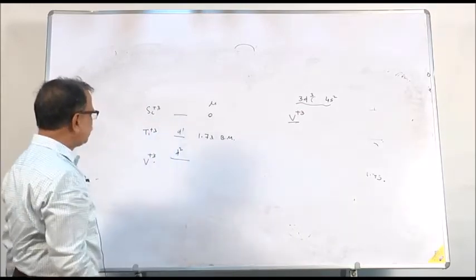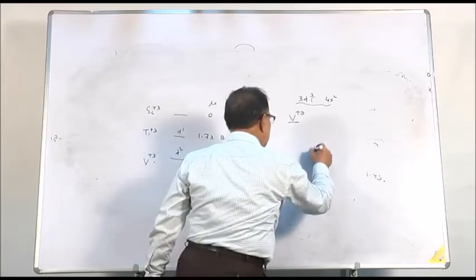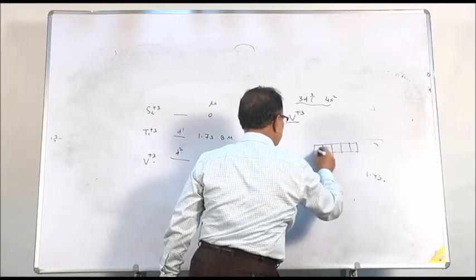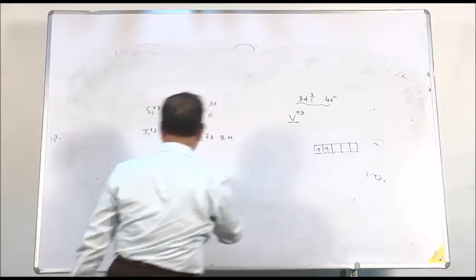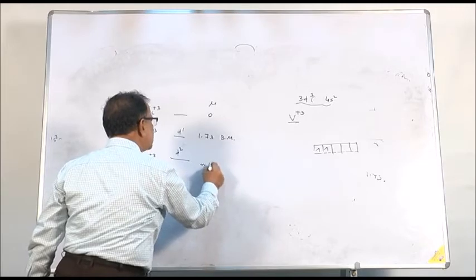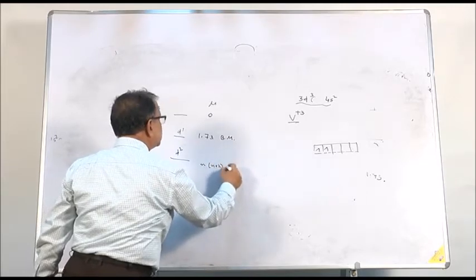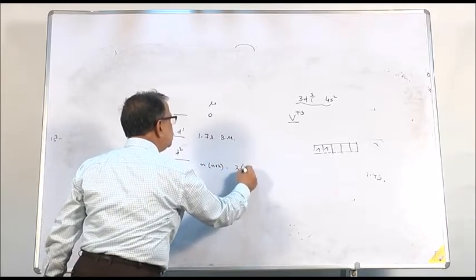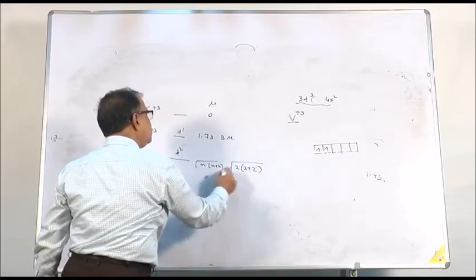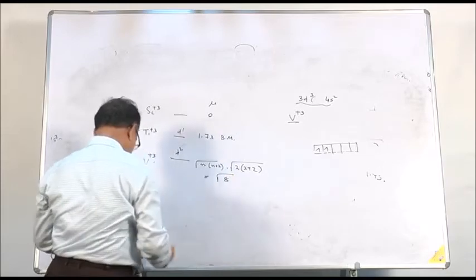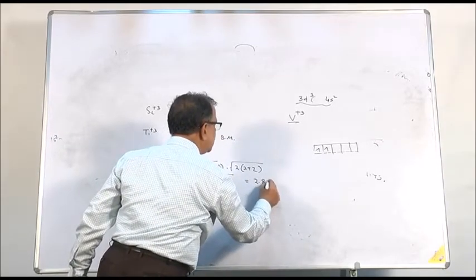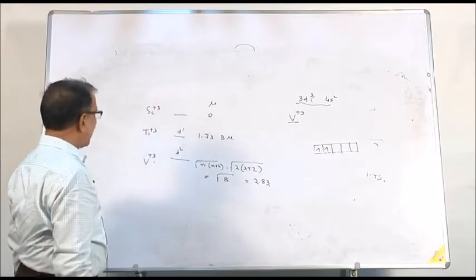Due to the presence of d2 electrons, singly occupied first, it contains 2 unpaired electrons. So n(n+2) is 2 times 4, root over 8. The value of root 8 is 2.83. This is the magnetic moment of vanadium 3+.